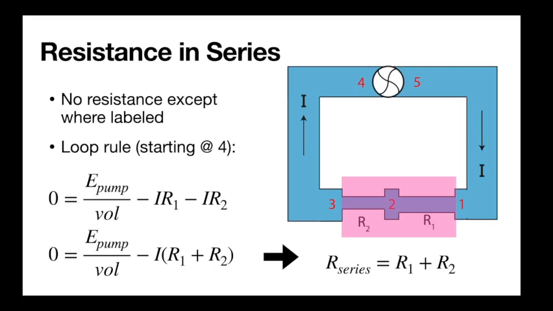So we want to put it back together, work backwards into the most simple circuit we can with just one resistor. We could replace these two with a single resistor that has a resistance of R1 plus R2, and we'll get the same current in this circuit. So resistors in series, just add them together, and we can do that because they share a current.